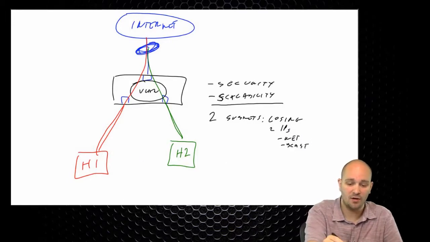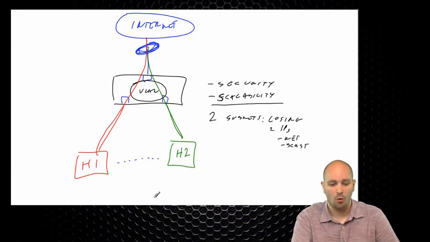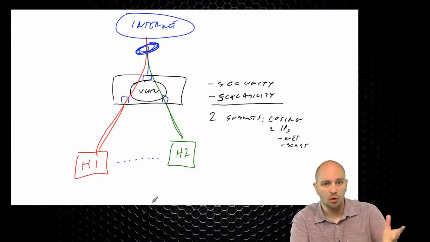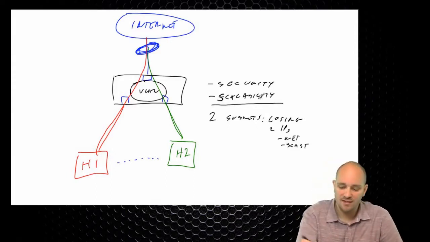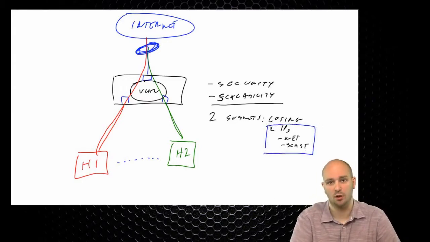Now, if I have a really large number of these hosts, let's say that this is some sort of a hosting facility, or, I don't know, a service provider access ring where you have customers that you don't want to communicate directly, that means that you are going to be losing a lot of IPs just because you need a lot of subnets.